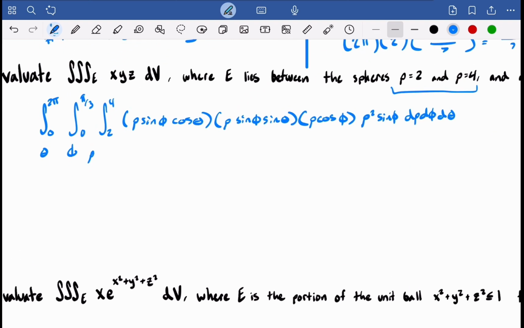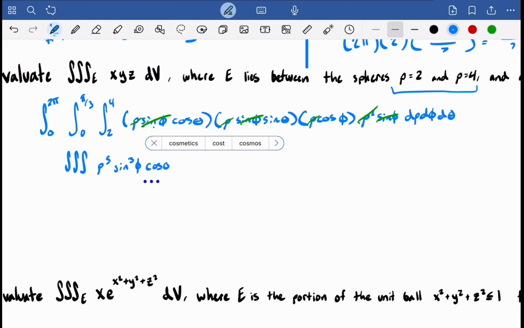Now we can combine like terms, which is going to give us our triple integral here of rho to the 5th, sine cubed of phi, and then we have one cosine phi.